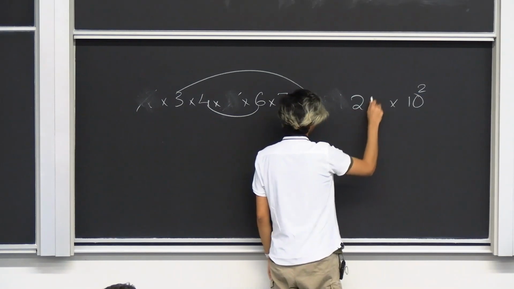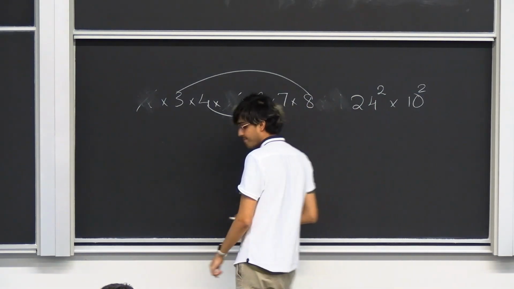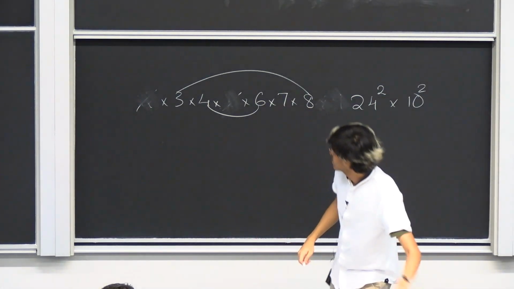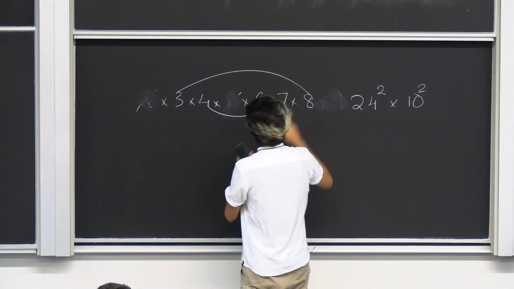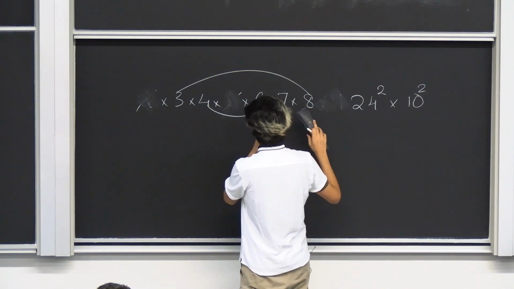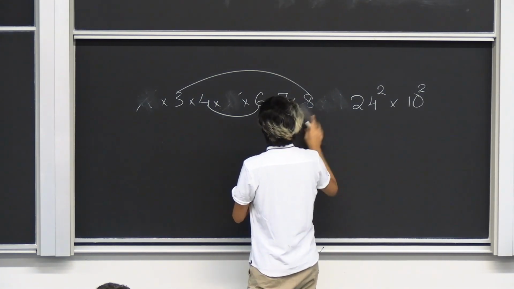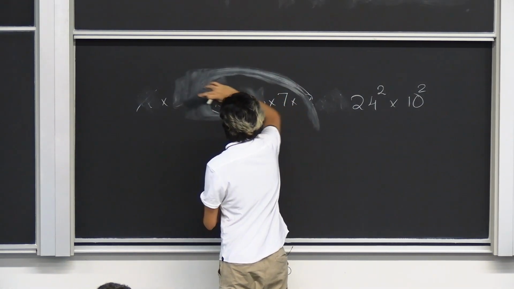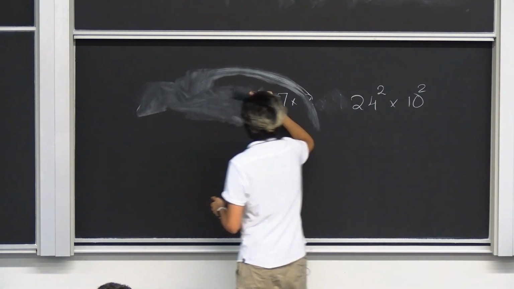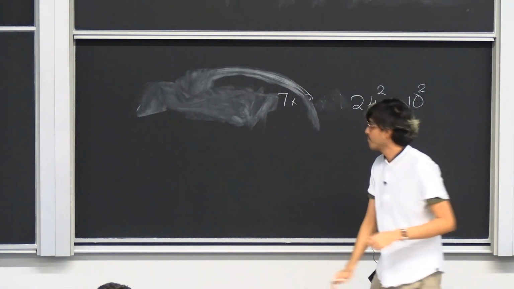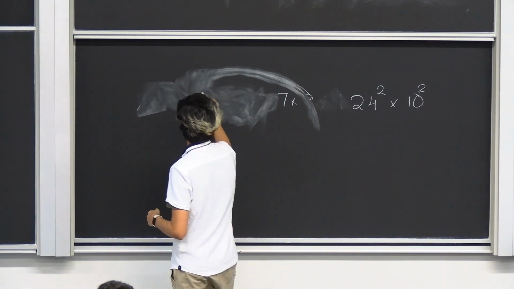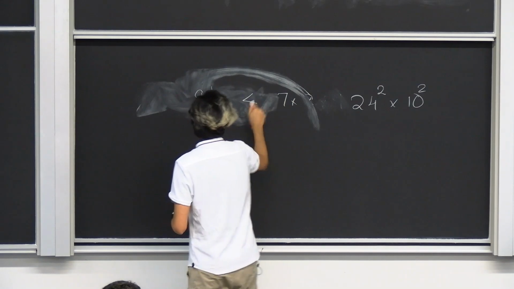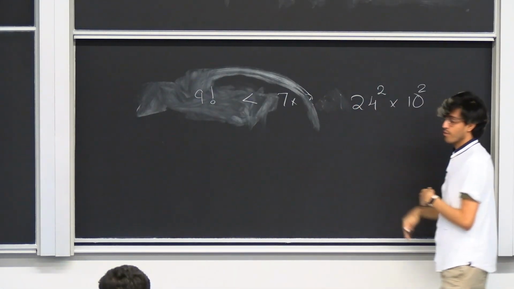So now you have 24 squared. OK, that's fine. So now I can remove this. And basically, we have 9 factorial is less than this number, 7 times 24 squared times 10 squared.